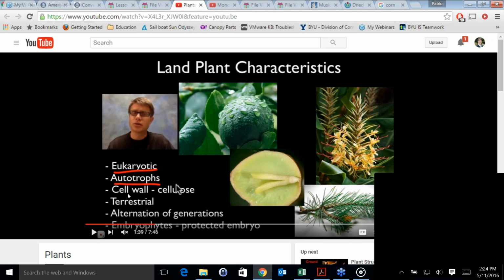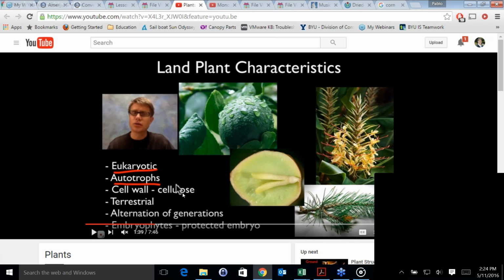What was the third characteristic of plants? That they have cell walls. That's right. And the cell wall is made of cellulose. So that is also a very important characteristic. The bacteria also have cell walls, but remember that the bacterial cell wall was made of a different substance.